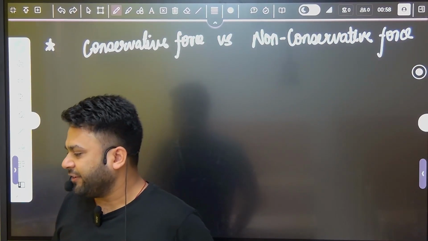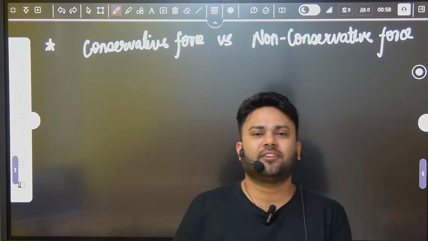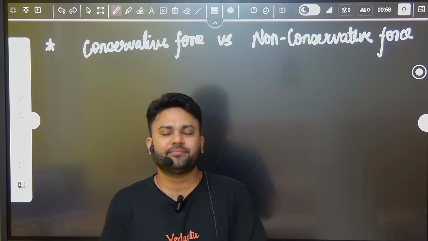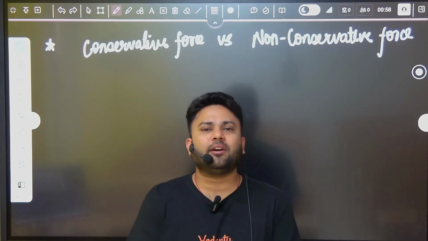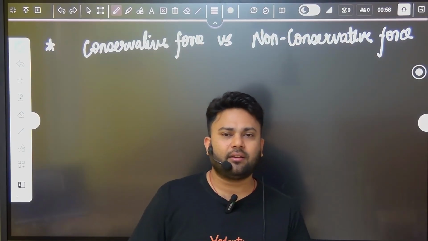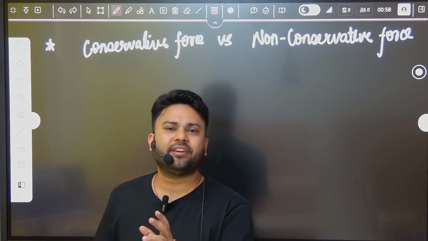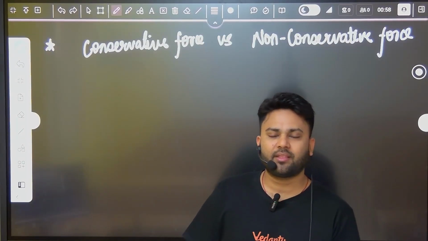So what are conservative forces? Conservative forces are those forces whose work done does not depend upon path. Means whatever path they take, work done will be same if the initial point and the final point is same.